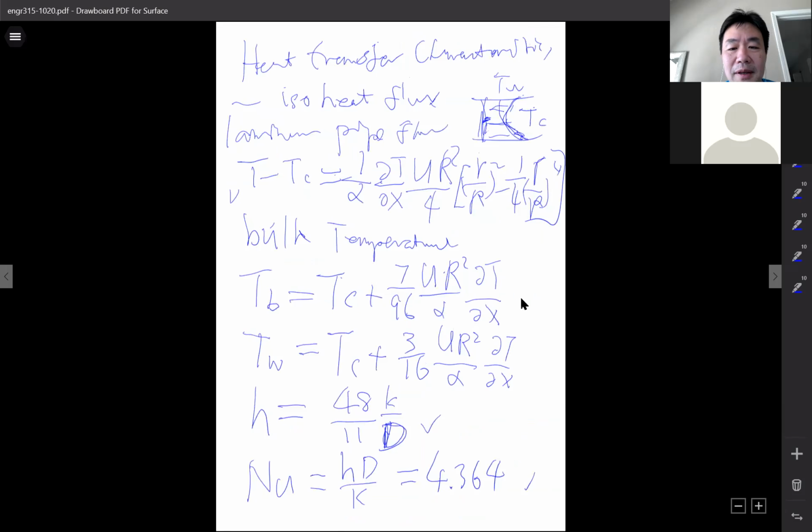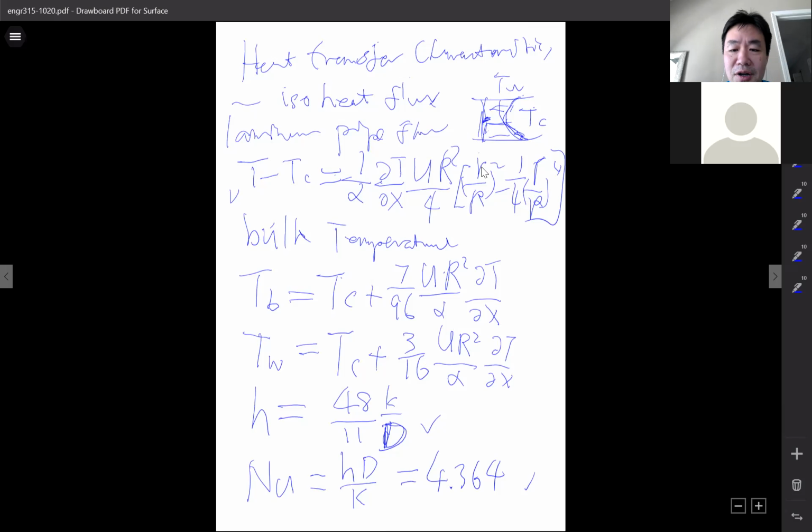We started to talk about the heat transfer characteristics of the pipe flow. First of all, we talked about the laminar heat transfer equations. We gave a temperature profile for the laminar flow. Depending on the center temperature, you should be able to calculate the temperature at any place inside the pipe.